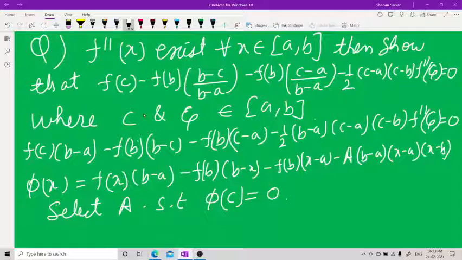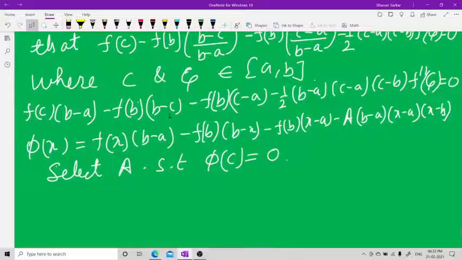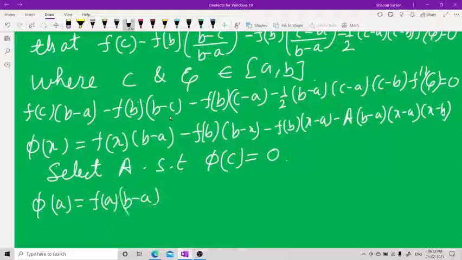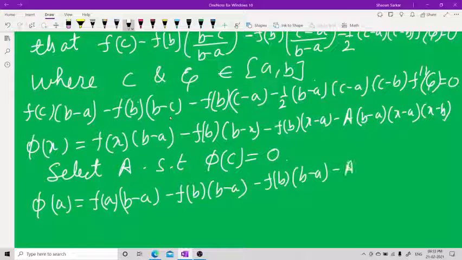Now, if you find phi of A, what is phi of A? Phi of A is f(a)(b minus a) minus f(b)(b minus a) minus f(b)(a minus a), then minus A times (b minus a)(a minus a)(a minus b).